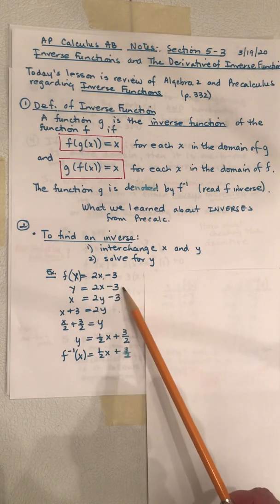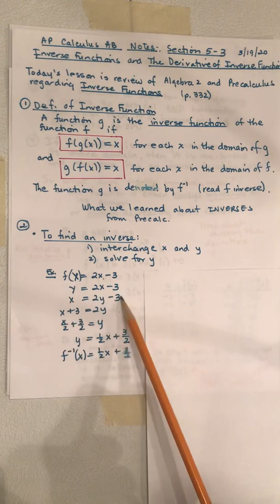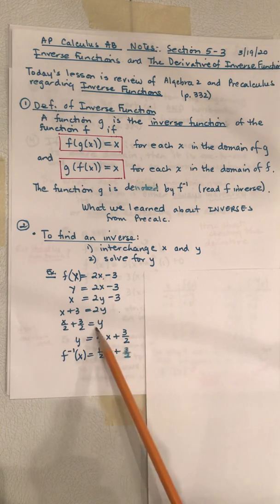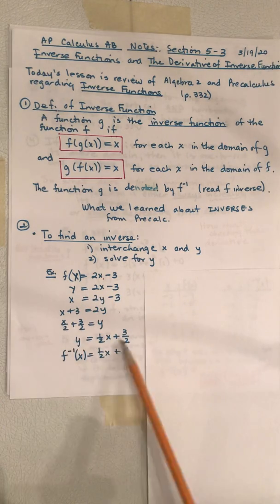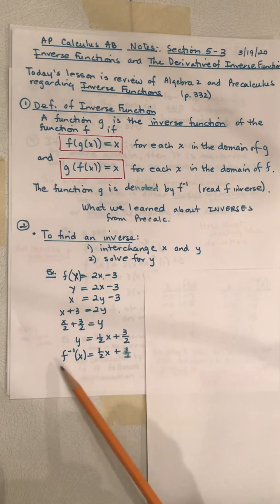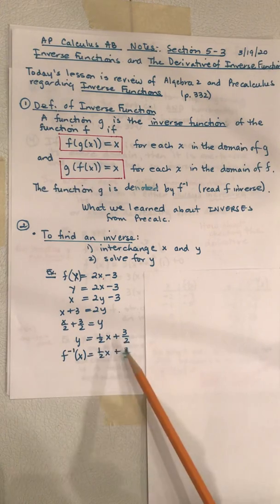If you want the inverse of that function, you put x where y is, y where x is, and that's the first step. And then you solve for y. So I just added 3 and divided by 2 and simplified as y equals 1/2 x plus 3/2. And with inverse function notation, that's saying that f inverse of x is equal to 1/2 x plus 3/2.